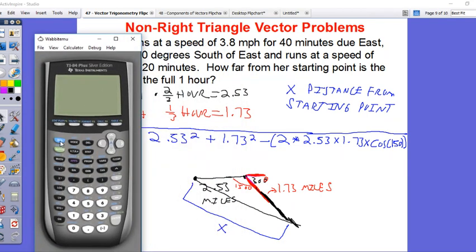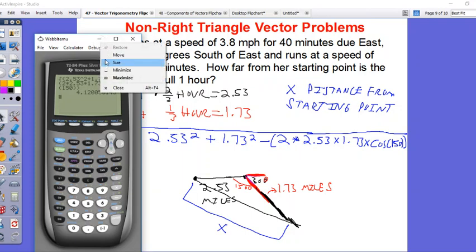So we find the square root of 2.53 squared plus 1.73 squared minus 2 times 2.53 times 1.73 times the cosine of 150. So our distance from the starting point is going to be 4.12 miles.